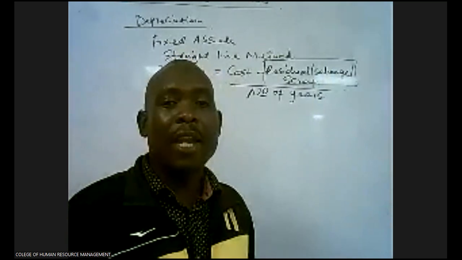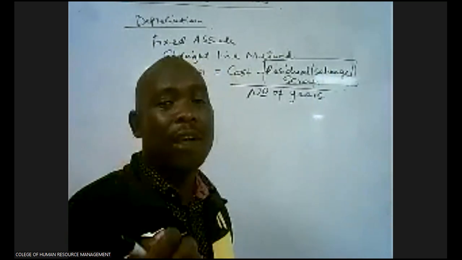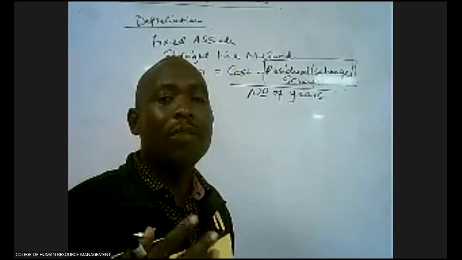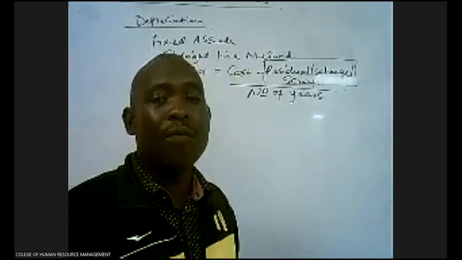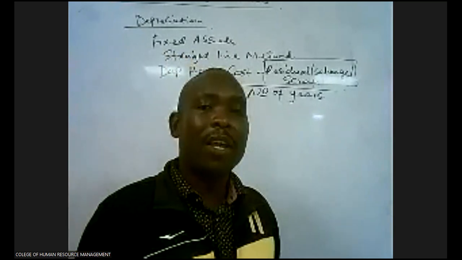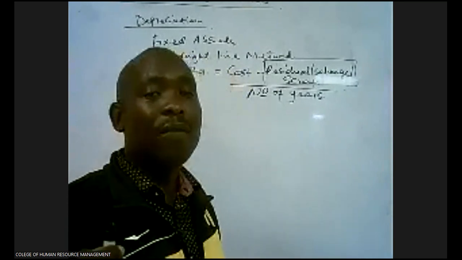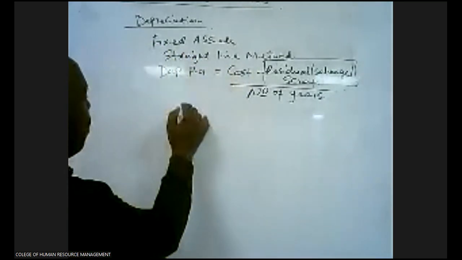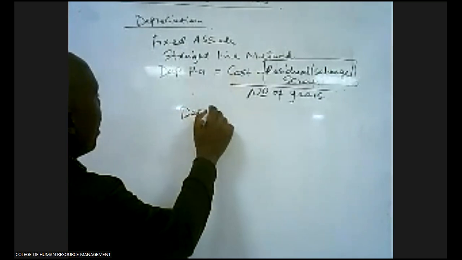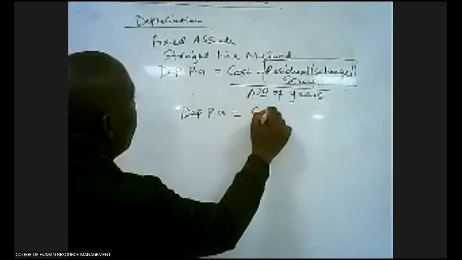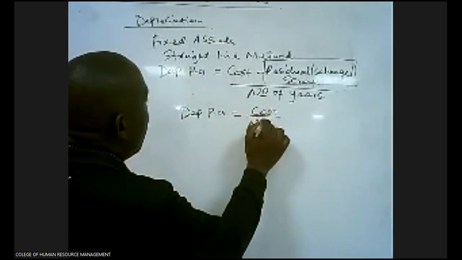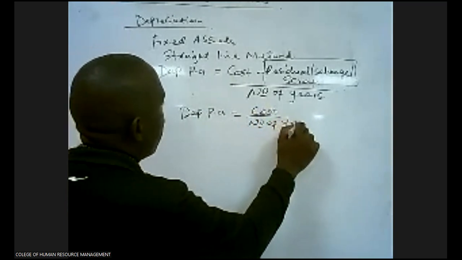After 5 years, I can dispose of that computer maybe at 5,000. That is what we call the scrap value. If the scrap value is not given, then depreciation per annum will be simply the cost divided by the number of years.